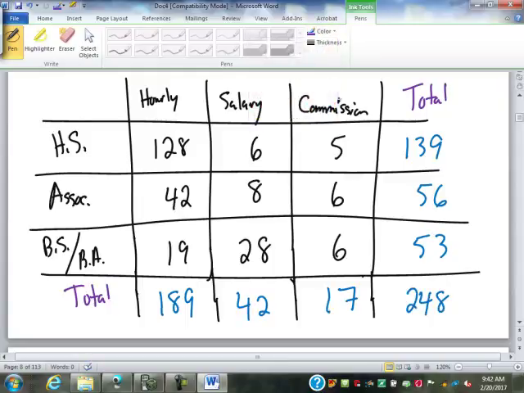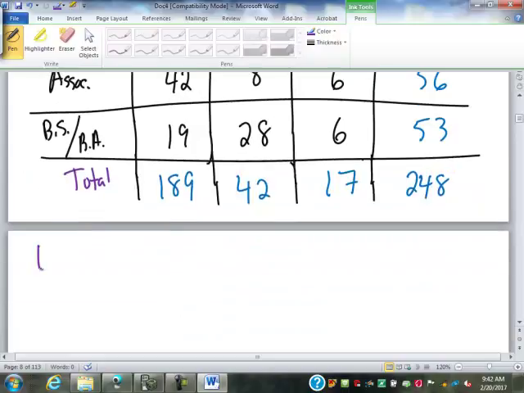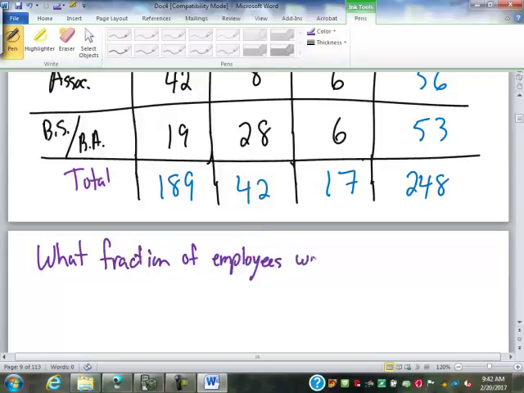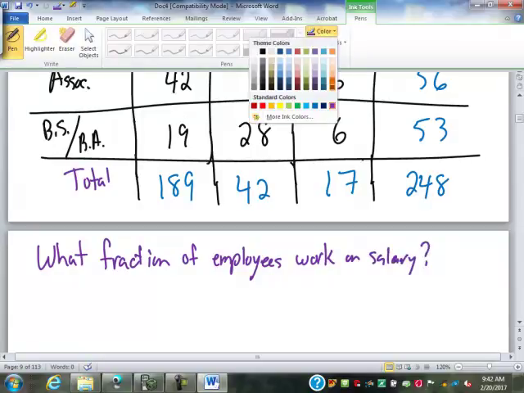So now that I have that, what if I ask you, what fraction of employees work on salary? Well, that's pretty easy.